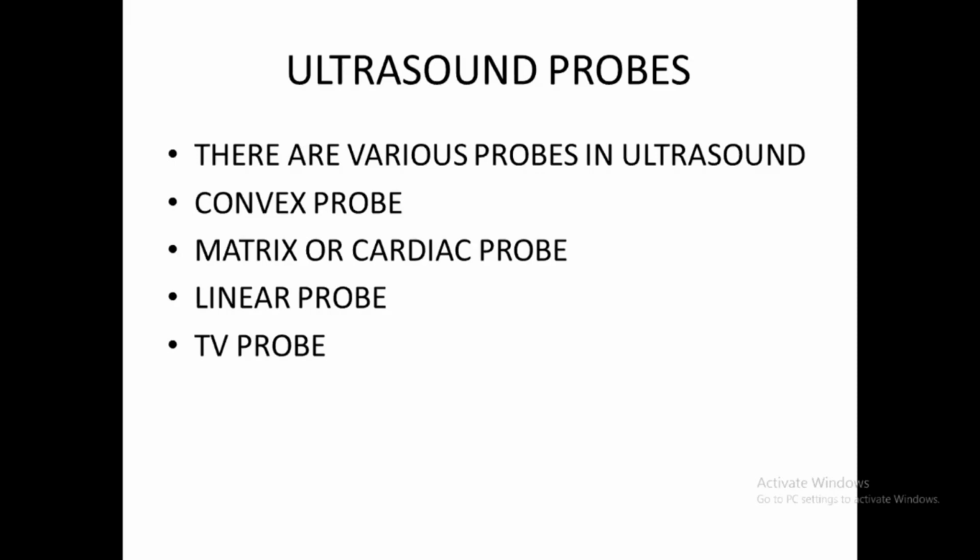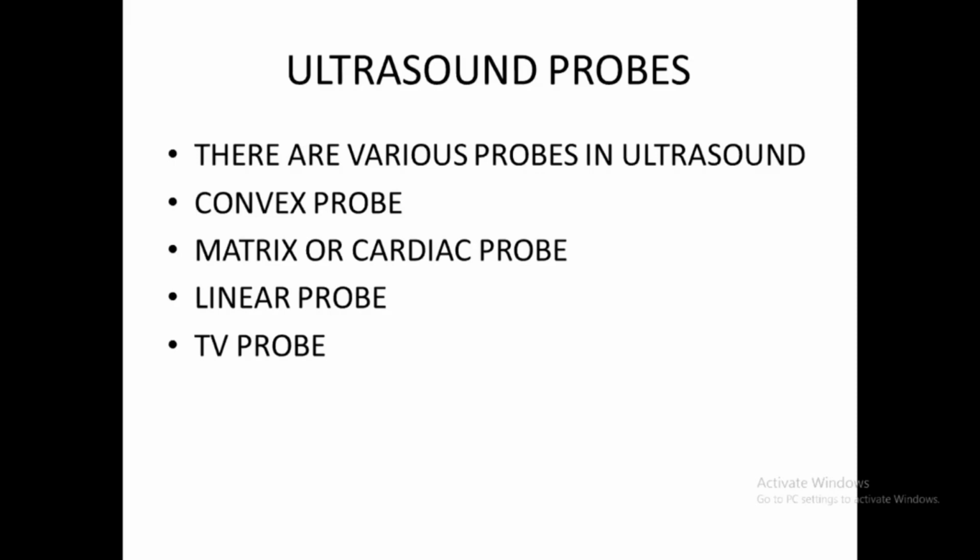Convex probe has a curvilinear structure, which is widely used in the field of obstetrics and fetal medicine. Matrix or cardiac probe is specially made only for the field of cardiology.